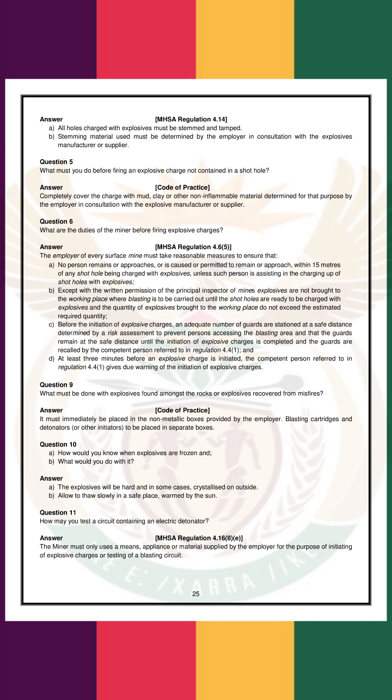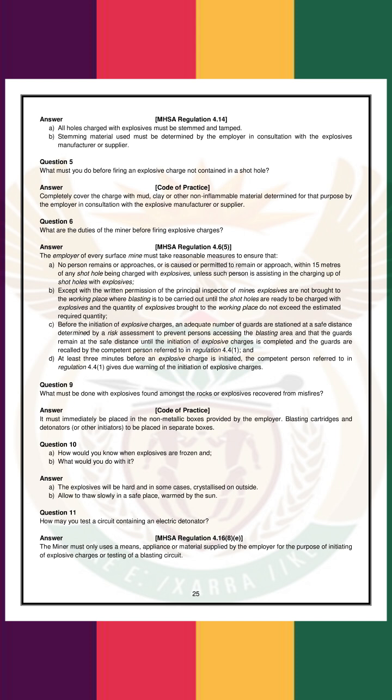Question 5. What must you do before firing an explosive charge not contained in a shot hole? Completely cover the charge with mud, clay, or other non-inflammable material determined for that purpose by the employer in consultation with the explosive manufacturer or supplier. Question 6. What are the duties of the miner before firing explosive charges?